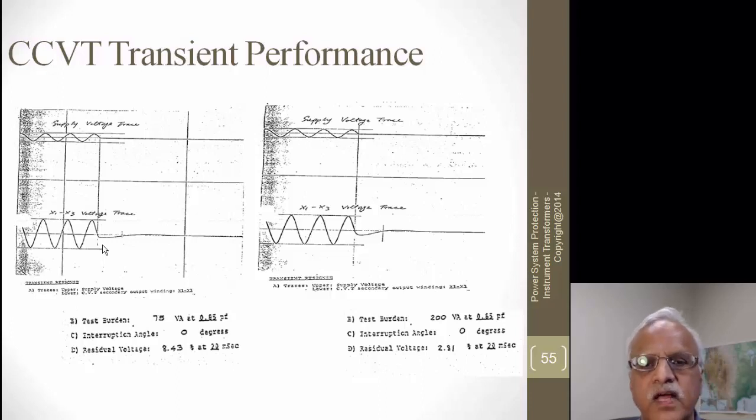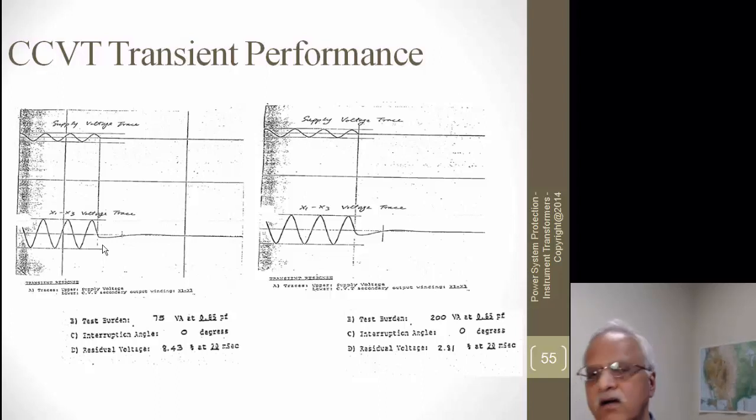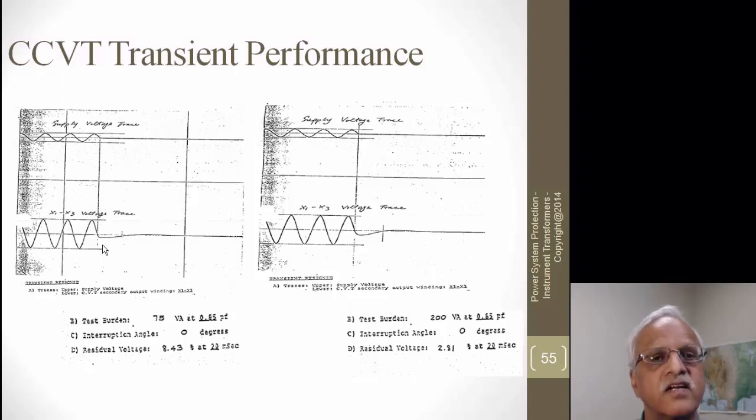Okay. So now, as we know, we looked at the instrument transformers, current transformers and voltage transformers. We know how they behave under steady state conditions, and we know how they behave under transient conditions.